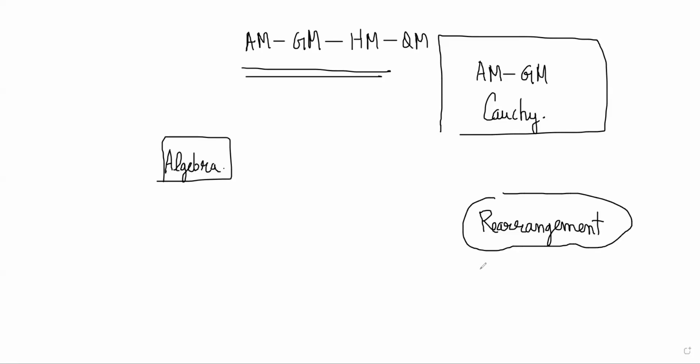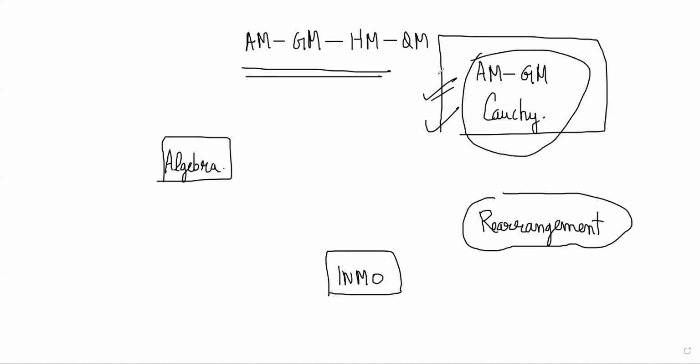Rearrangement inequality is super important. There are some others that might be relevant, but only at the INMO level and all. At the IOQM and RMO level, you need to know these two. And if you can do these two, then it is fine. You don't need to know anything more.